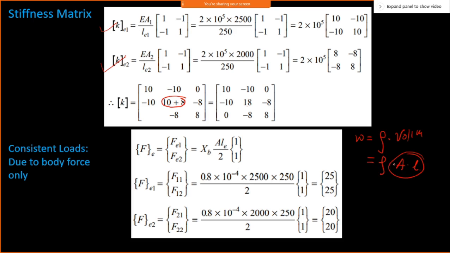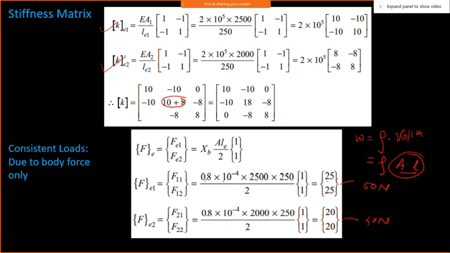We know the area, we know the length of the element, so we can calculate the volume, and the density is already given, that is 0.8. Then you can calculate the volume and put it in. That will help us determine 25 plus 25. The total weight of the first element is 50 Newton. Here it is 40 Newton.